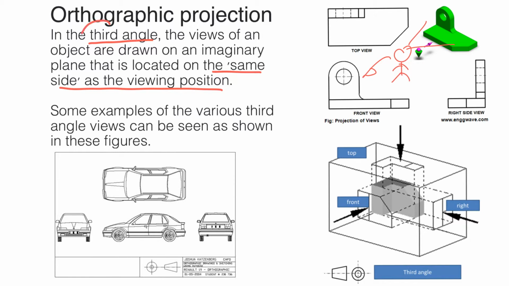The third angle is usually used in US companies or in the US. So that is the main difference between the first angle and the third angle. To explain the difference, let's take a look at a short video.